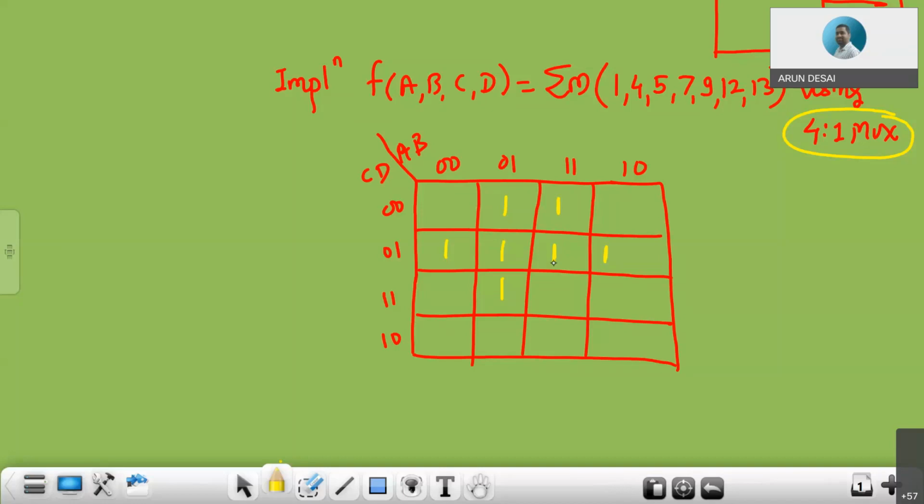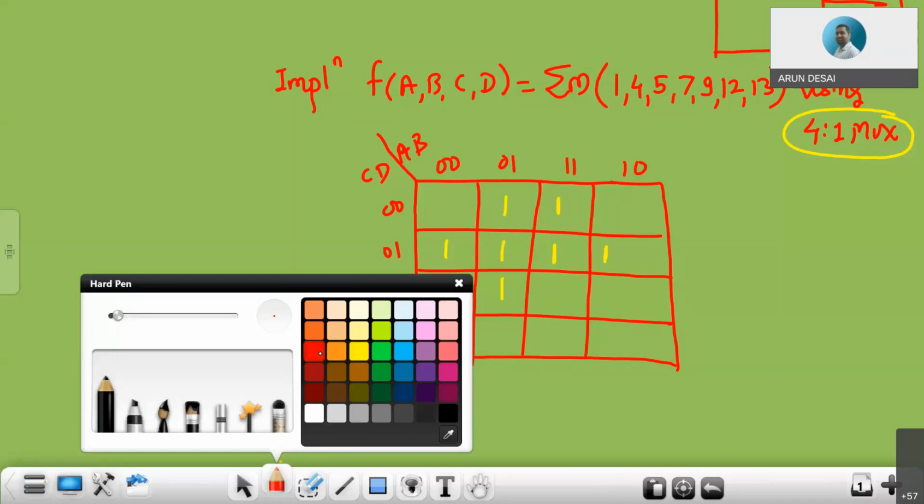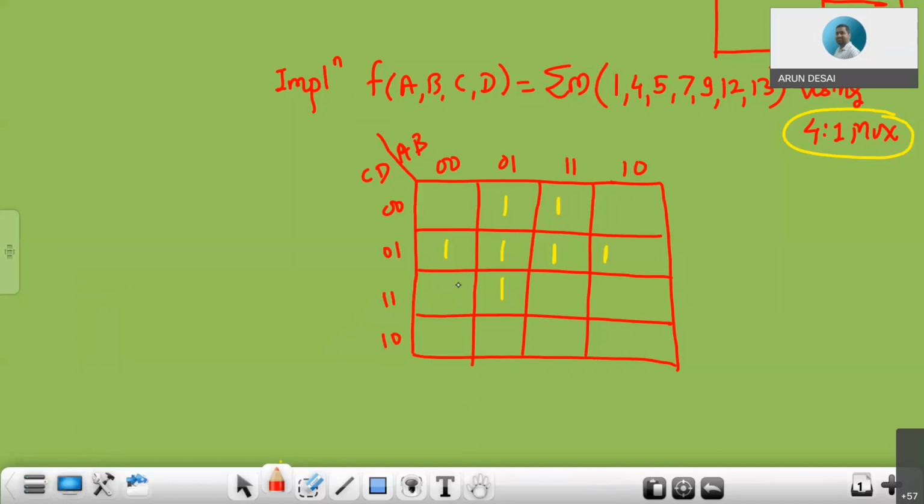Okay, so this is how the expression works. Now, next and foremost thing here is select, you need to select the input lines, right? In that case, what input lines or select lines you are using, you need to choose.